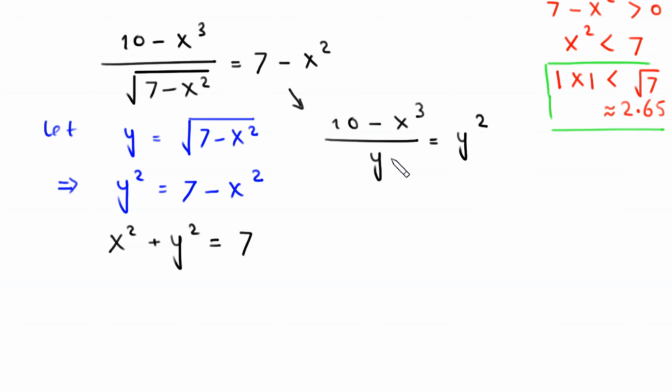Multiply both sides by y, we get 10 minus x cubed equal to y, and if we move this negative x cubed to the right hand side, we get another equation x cubed plus y cubed equal to 10.